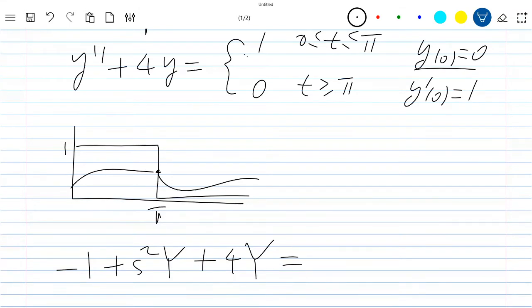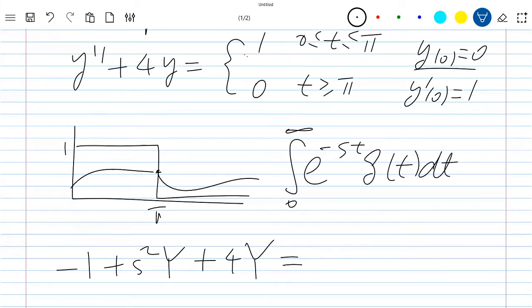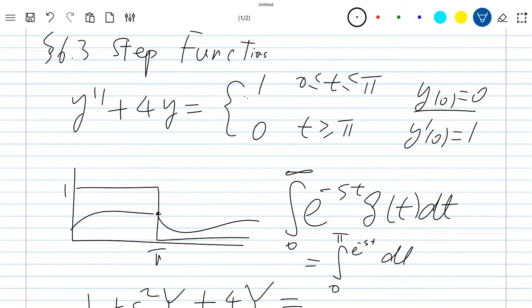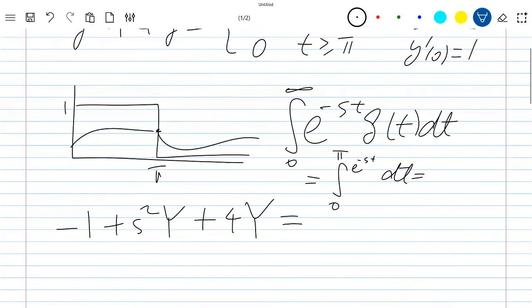Well, what is the right-hand side? By definition, it's the integral of e to the negative st times g of t, right? But g of t happens to be 0 beyond pi. So it's a finite integral, I mean, on a finite domain. So you can still do it in the usual way.